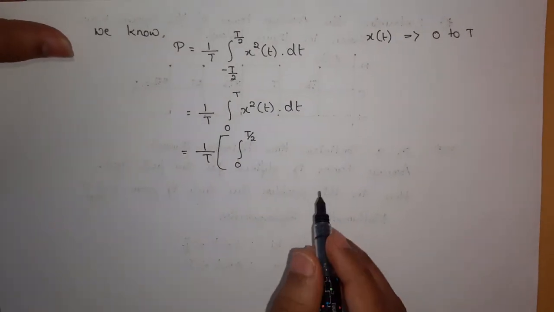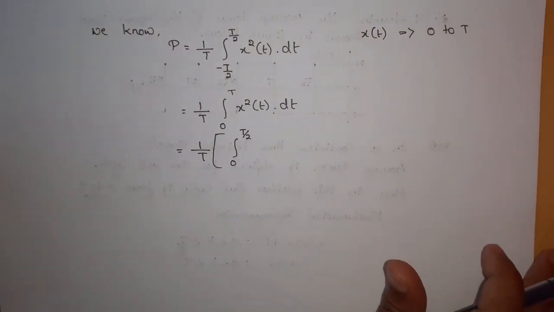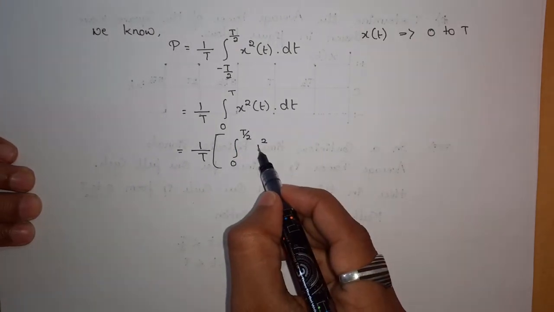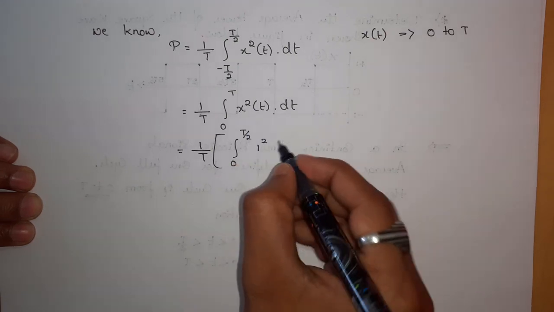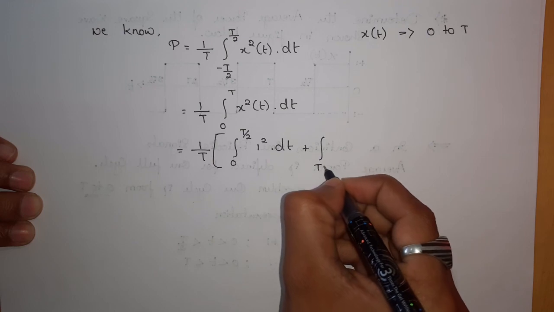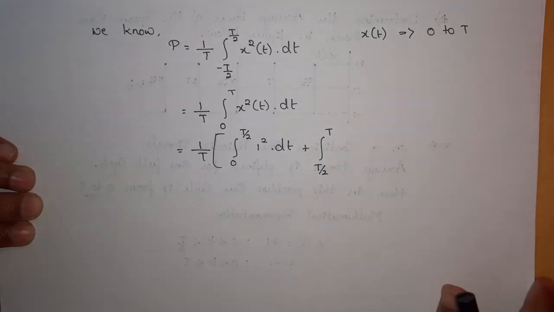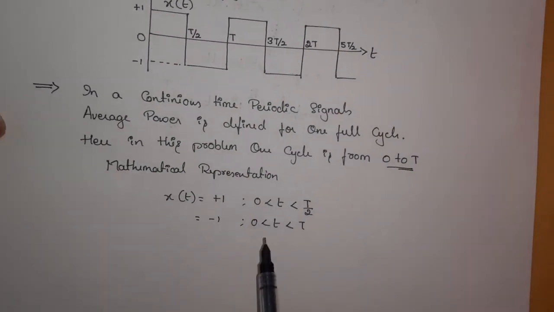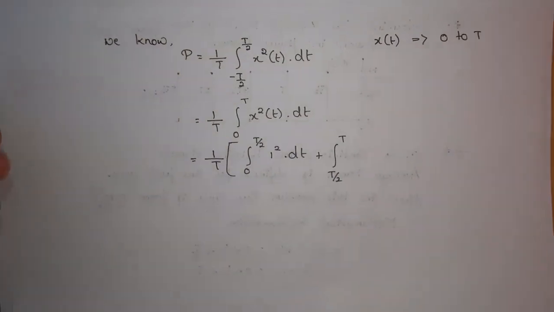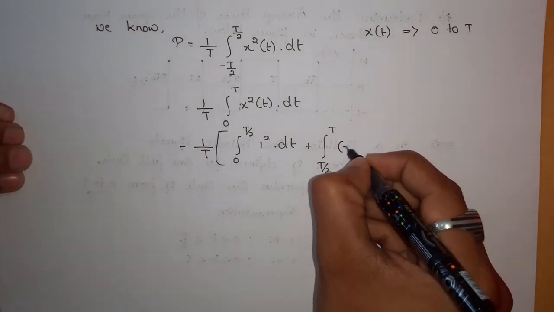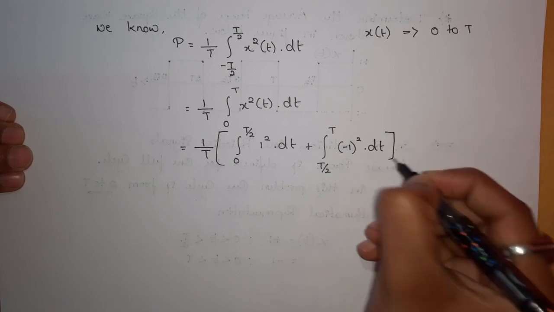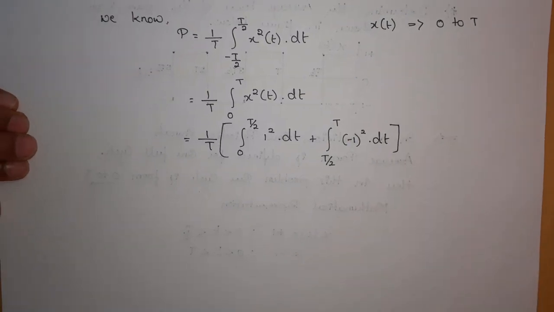Therefore I substitute x of t as 1, 1 square into dt, plus integration from T by 2 to capital T, where the value of x of t is minus 1. Therefore minus 1 square into dt. Now we have the integral.